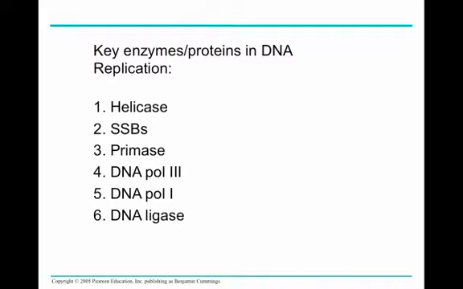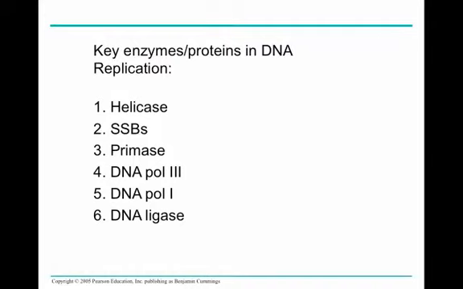And SSB stands for single-stranded binding proteins, and these prevent the strands from coming back together, because they are held together by hydrogen bonds, so their affinity for one another is great. These proteins prevent them from coming back together during the replication process.